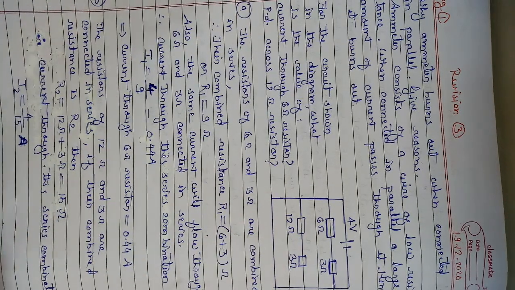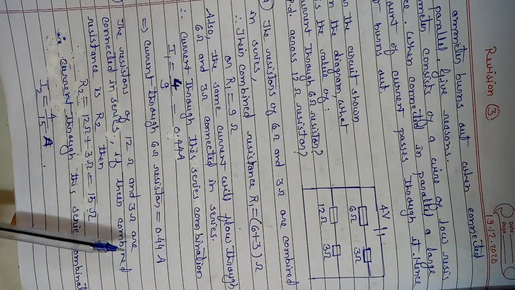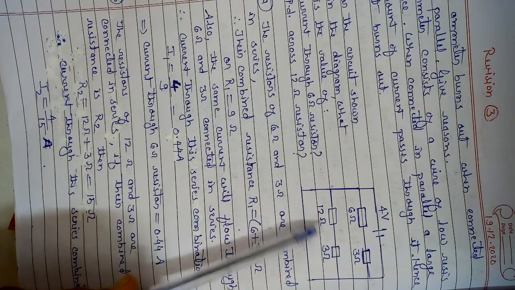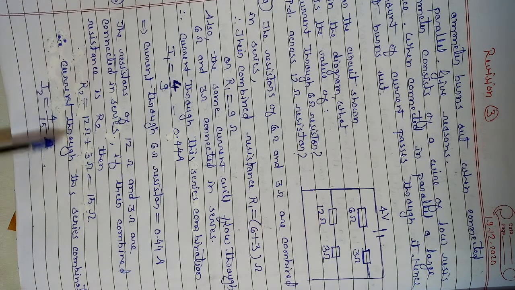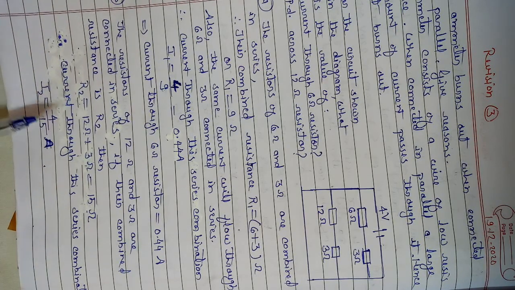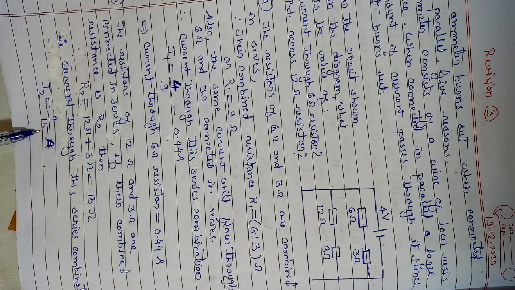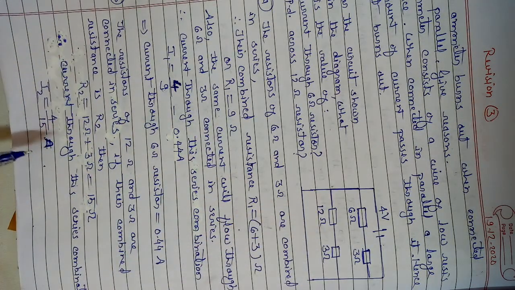Now the second part. The resistances of 12 ohm and 3 ohm are connected in series, so their combined resistance will be 12 ohm plus 3 ohm equals 15 ohm. Now current through this series combination will be given by I2. So it will be again V upon R, that is 4, and R is the combined resistance of this combination, so it is 15.